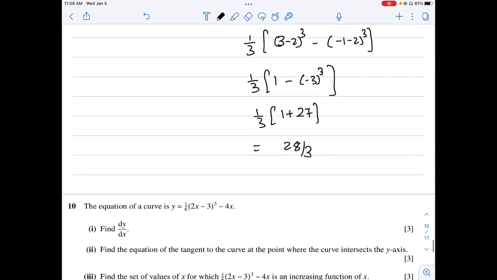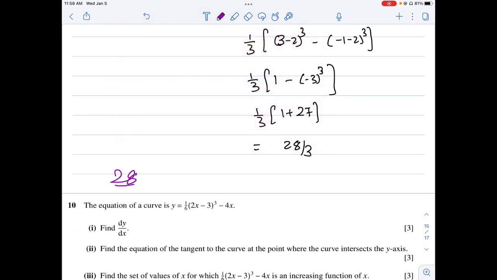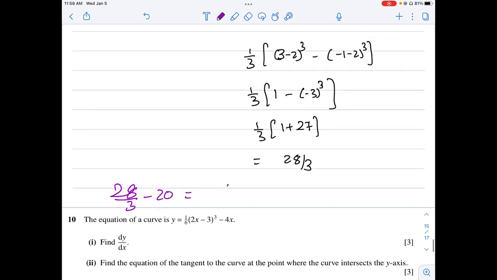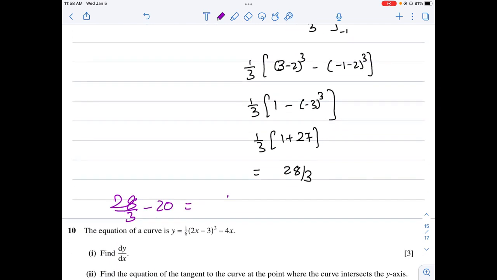Then I have to subtract both the areas to find the final area, which is 28 upon 3 minus 20, or modulus, because it's giving me a negative answer.